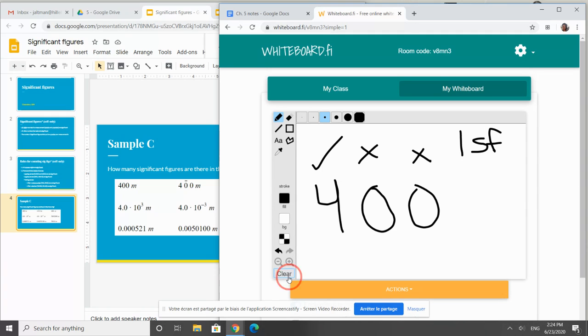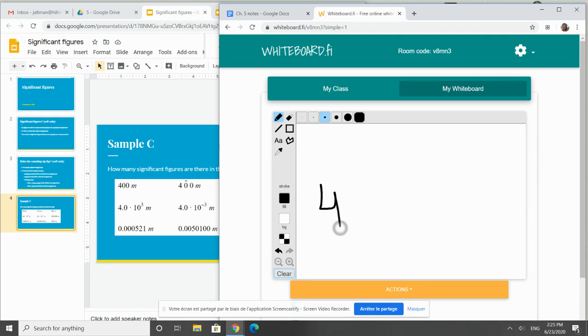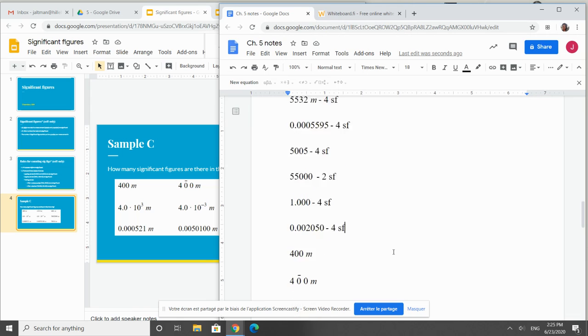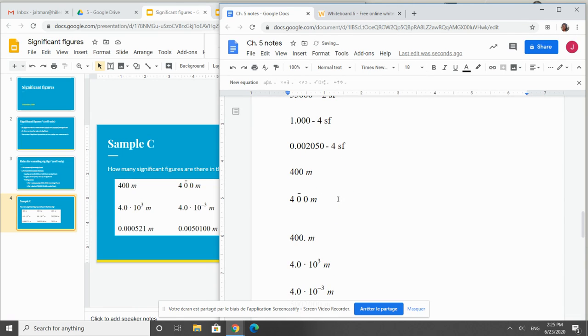Next, I've got 400 with a bar over the second 0. Just as a note, a bar over a 0 means it is significant. You can also represent this with a dot, but that only works if the 0 is in the ones place.